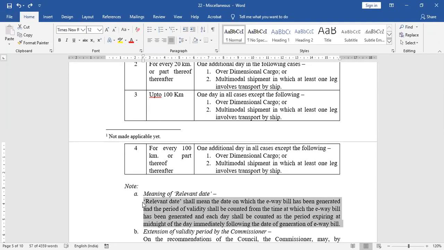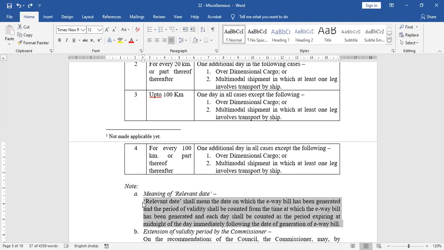Can you understand this point now? My e-way bill which I generated on 15th June at 3:35 p.m. will not expire tomorrow at 3:35. It will expire tomorrow at 12 night. Is the concept clear?